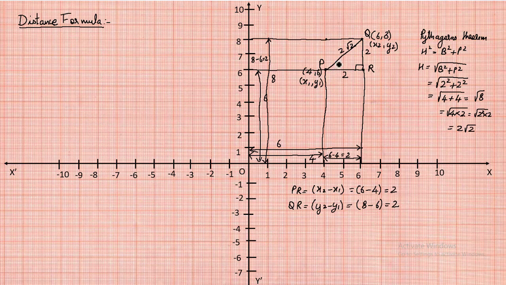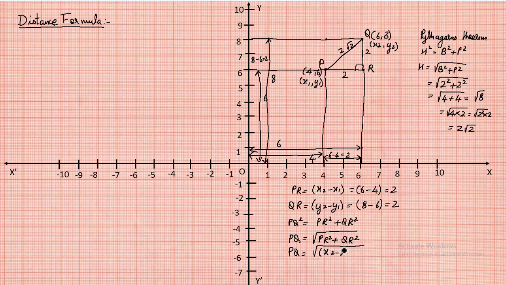Since we had to find out the distance PQ, applying the Pythagoras theorem, PQ square is equal to PR square plus QR square. Right, we are applying the Pythagoras theorem to triangle PQR. PQ value can be found out by taking square root of PR square plus QR square. PQ is equal to, substituting the value of PR and QR, PR can be written as x2 minus x1.